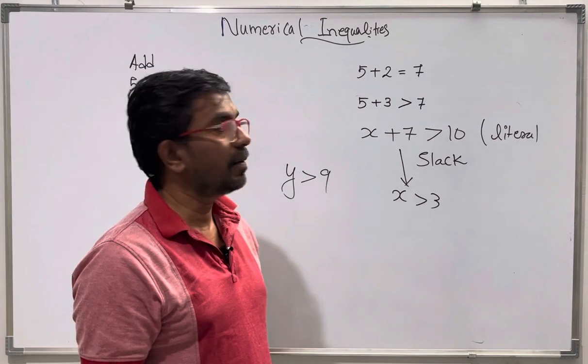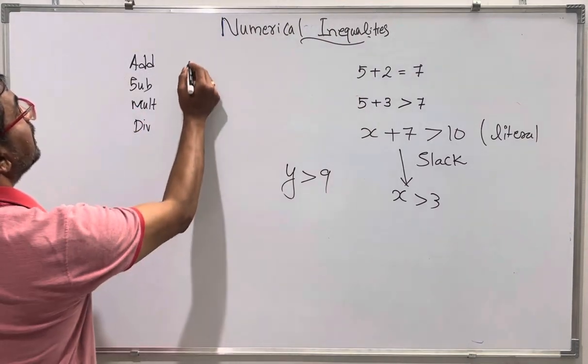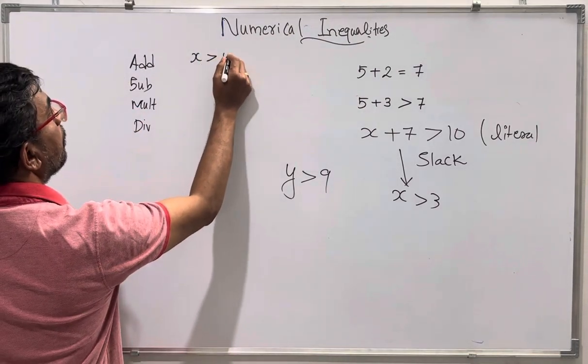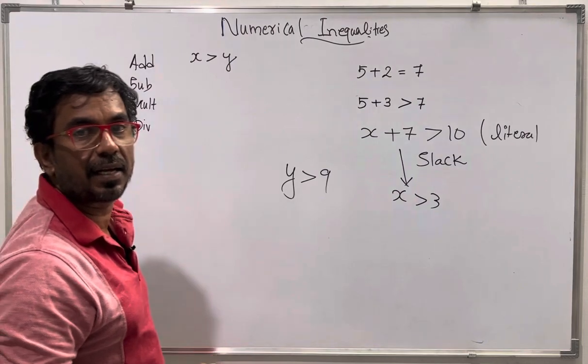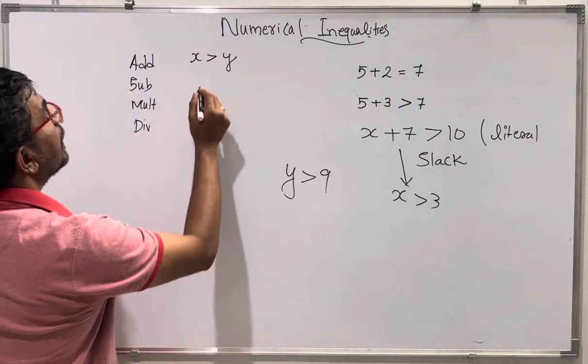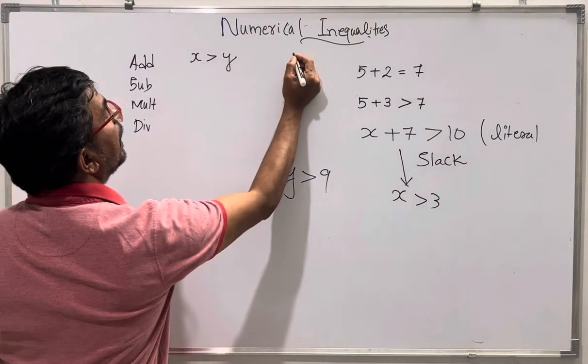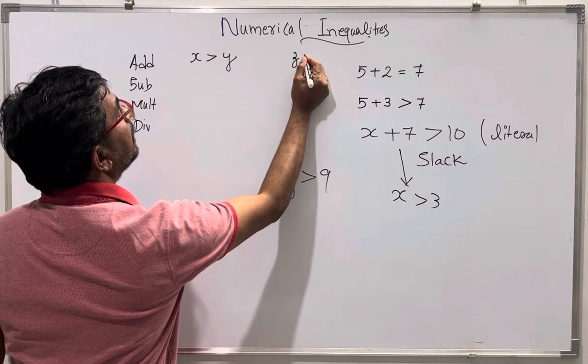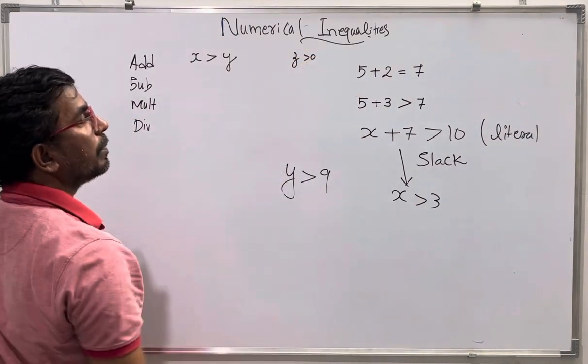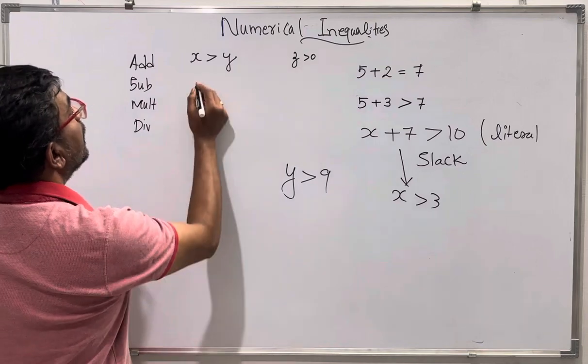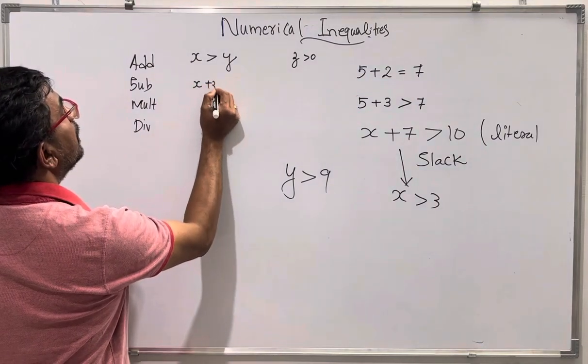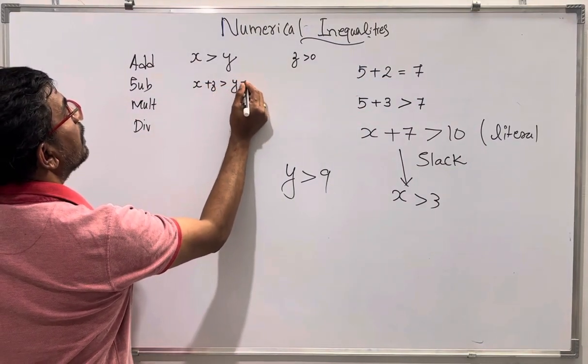For example, if x is greater than y, by adding a z which is greater than 0, I can write it as x plus z is greater than y plus z.